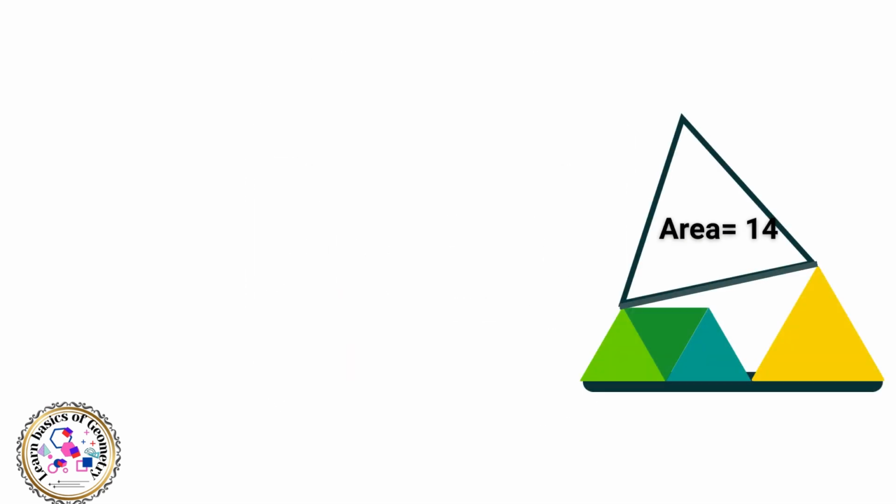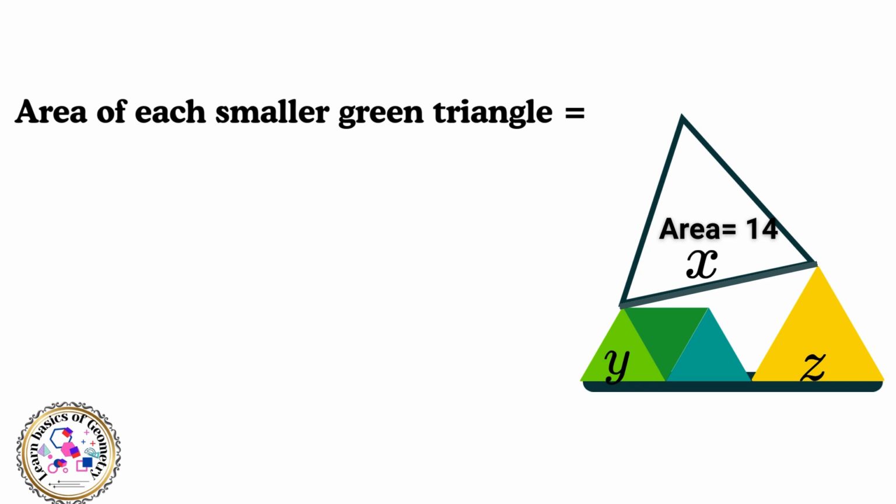Next, let's call the side length of the largest triangle x. Let's call the side lengths of the 3 congruent green triangles y. And let's call the side length of the yellow triangle z. Using our formula, the area of each green triangle is square root of 3 over 4 y squared.